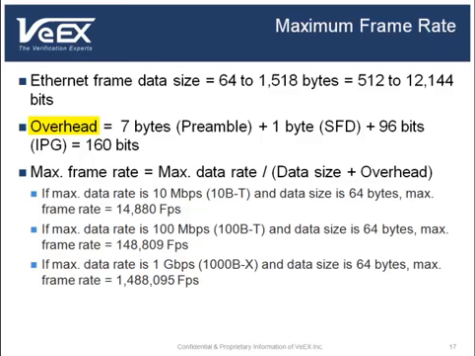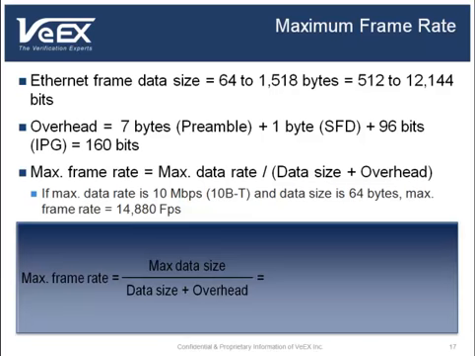The overhead is therefore 20 bytes or 160 bits. The maximum frame rate is equal to the maximum data rate divided by the sum of the data size and the overhead. Here are 3 examples of how to find the maximum frame rate.